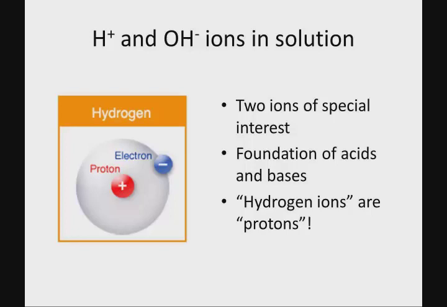Know that in water, that lone proton, which if you look at a hydrogen, you rip away the electron, all you have left is a proton. That is a hydrogen ion, right? It's technically going to be bound to water, in what's called a hydronium ion, which is H3O+. But again, the details of that aren't necessary to understand for understanding acids and bases.